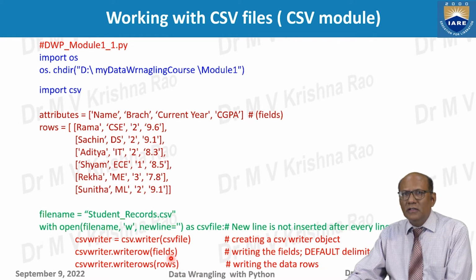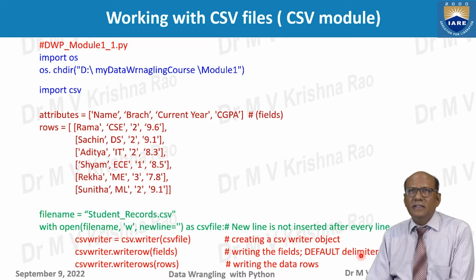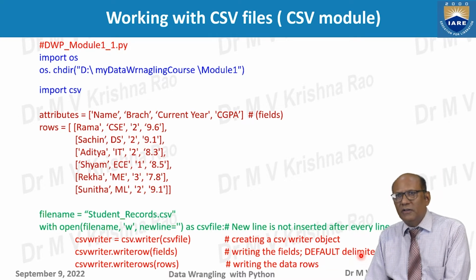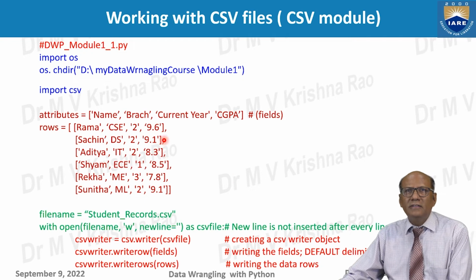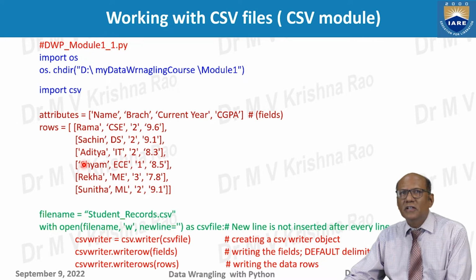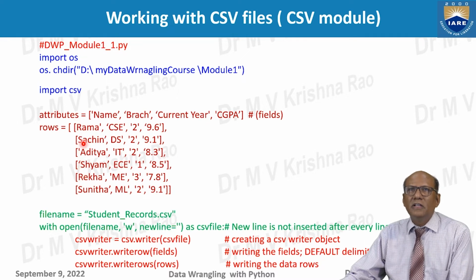And in this one, it has a default delimiter. Any CSV file means a comma delimited file. That means every entry is something like this. This is replaced with this one. Correct? Here also the single quotes are missing. This is maybe a copy paste problem.